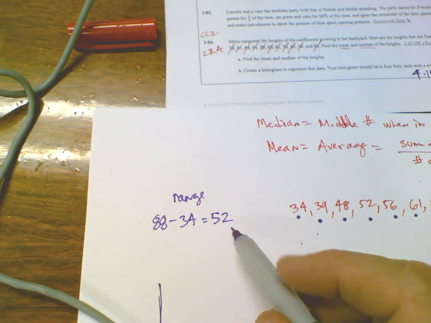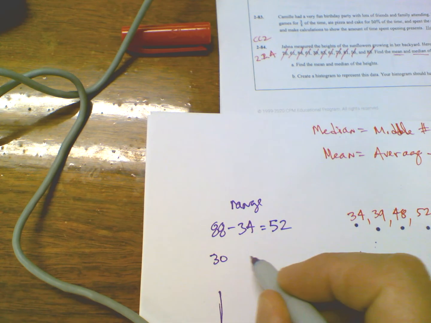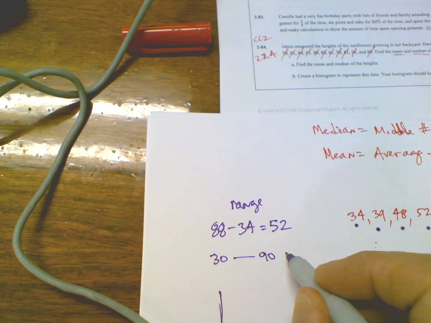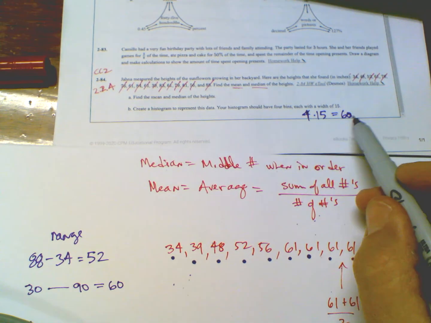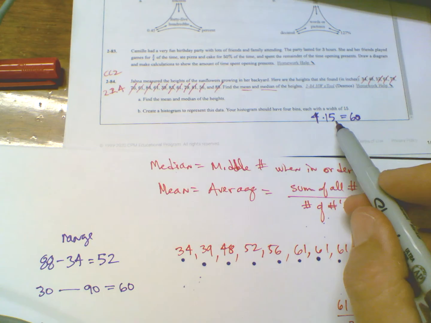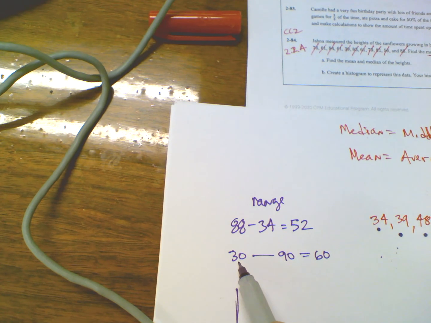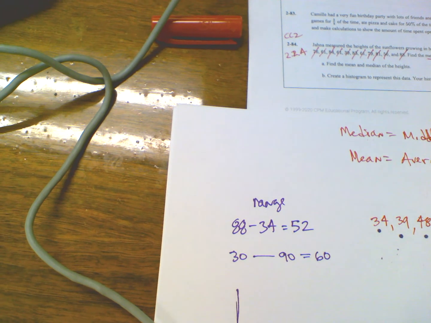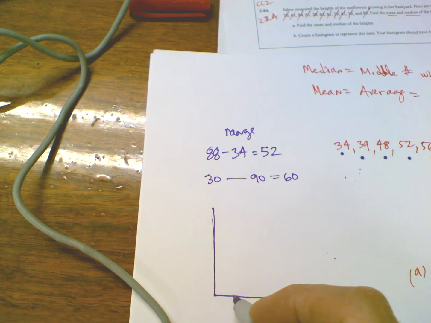So I could start with 30. I could technically start with 30 and go all the way to 90 and still have that range of 60, right? So that range of 60, my 4 bins with a width of 15 would work if I had my bins between 30 and 90. So I will start here.